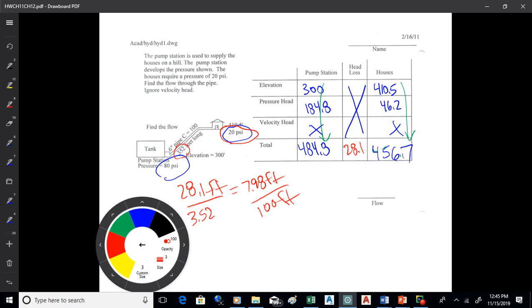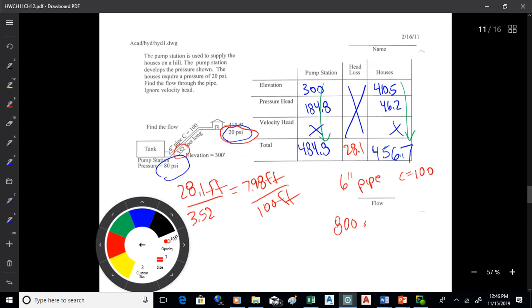So then you look at the charts. All right, so if you've got 6-inch pipe, C100, if you look at the charts for 800 gallons per minute, you've got 7.92, and for 850 gallons per minute, for head loss, you've got 8.86.